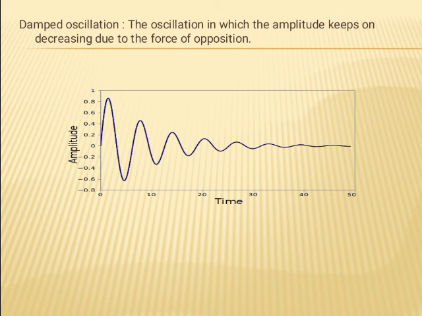And one of the first PUC students had asked me a question: what would happen to a pendulum when it is kept in a vacuum? Space ಅಲ್ಲಿ ಇಟ್ಟಾಗ ಏನಾಗುತ್ತೆ? There the amplitude would be the same. There are no damped oscillations in the vacuum. Why is it? Because there is no force of opposition, no air resistance offered in the vacuum.